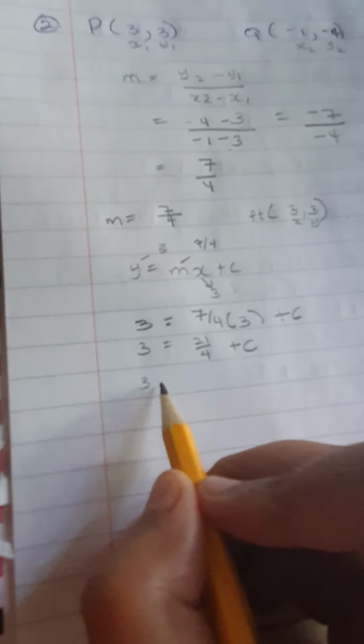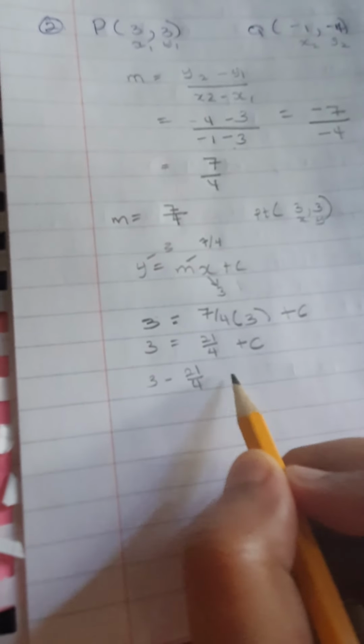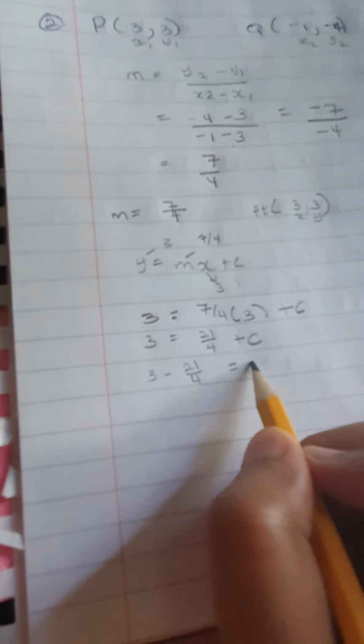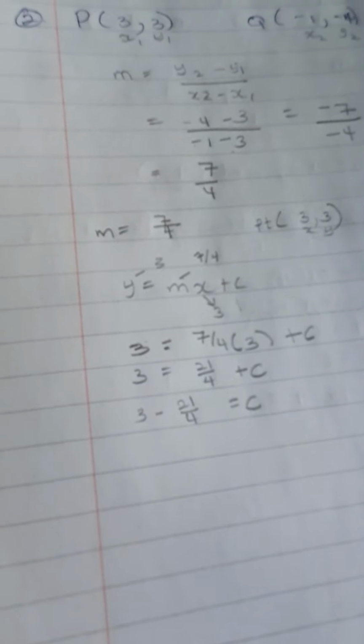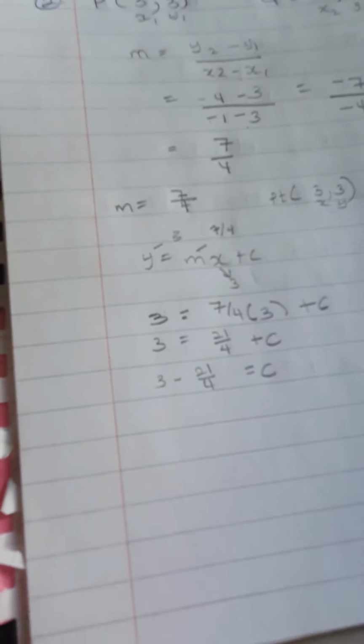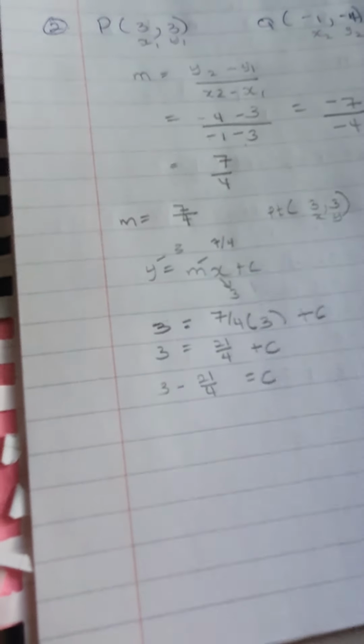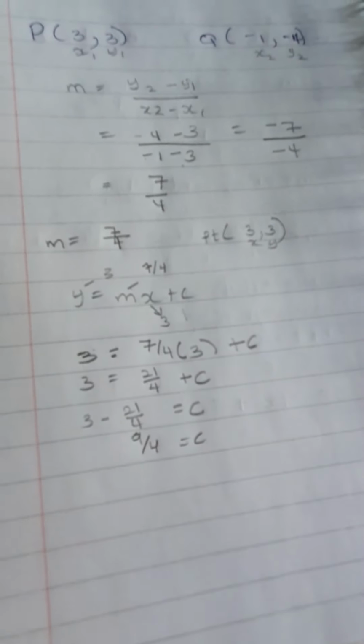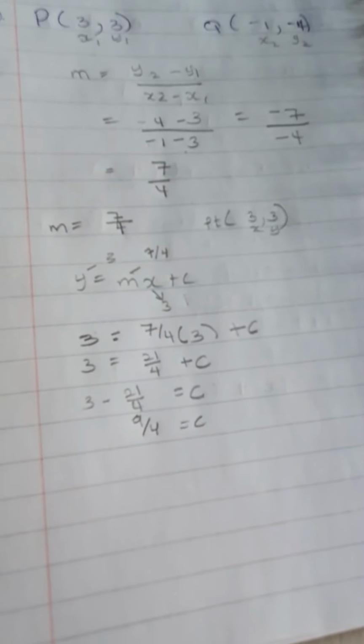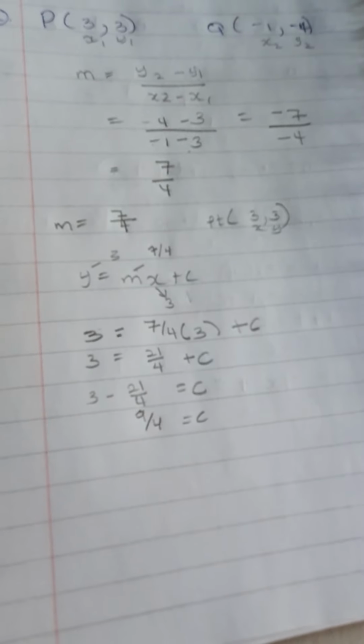Then you're going to transpose. 4 3s are 12, so that will give me 12. When you work this out here, you could check it on your calculator if you want. You could go the long way and find the LCM and stuff like that. You're going to get 9/4.